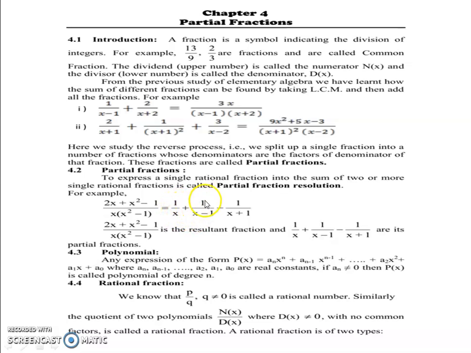That is why 1 upon x plus 1 upon x minus 1 minus 1 upon x plus 1. So here 2x plus x square minus 1 upon x under bracket (x square minus 1) is the resultant fraction, and 1 upon x plus 1 upon x minus 1 minus 1 upon x plus 1 are its partial fractions.